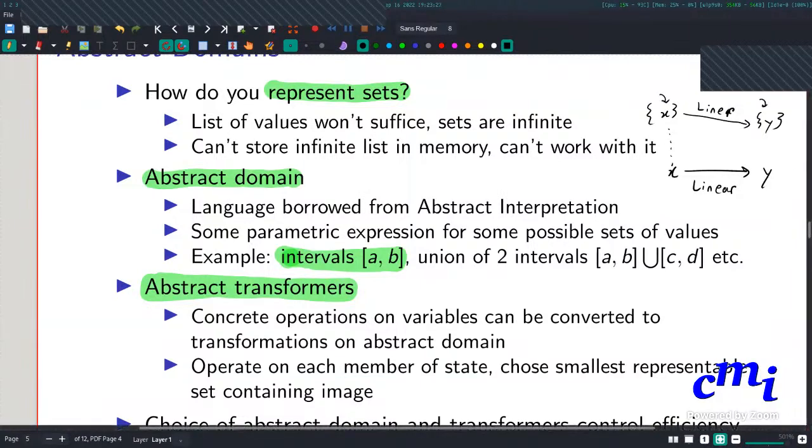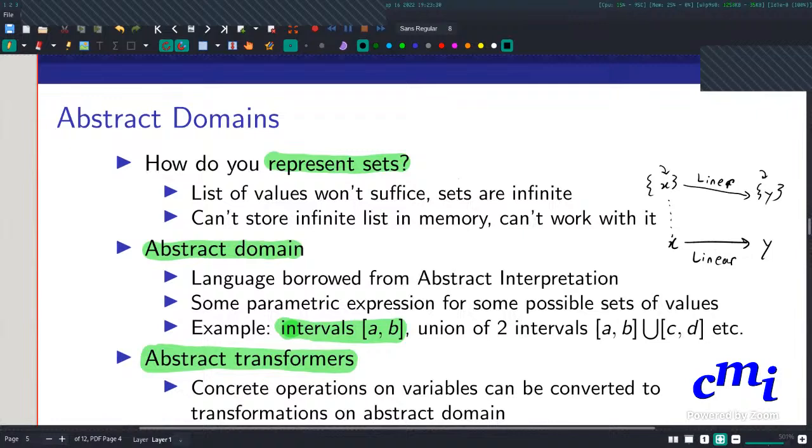You can think of that as something that happens, but arbitrary sets might be hard to represent. So we choose some particular sets like intervals. Of course, an interval is a set, but not all sets are intervals. So we choose some particular sets that we can represent, like intervals, and call these our abstract domains.